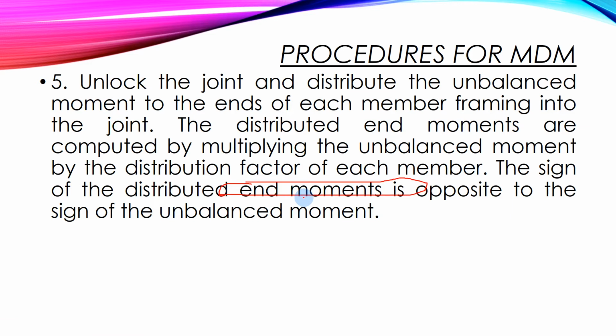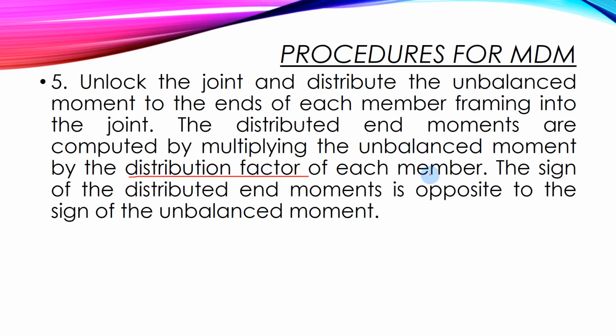Okay, so unlock the joint and distribute the unbalanced moment to the ends of each member framing into the joint. The distributed end moments are computed by multiplying the unbalanced moment by the distribution factor for each member.